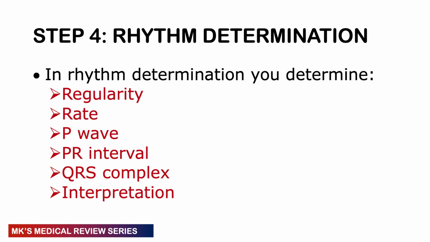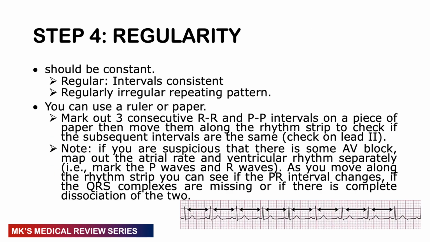So in rhythm determination, we're going to be looking at the regularity, we'll look at the rate, we'll look at the P waves, we'll look at the PR interval, we'll look at the QRS complex, and we'll look at how we're going to report this as our general interpretation when we determine the rhythm. Because when you are writing your ECG report, it must consist of the following things.